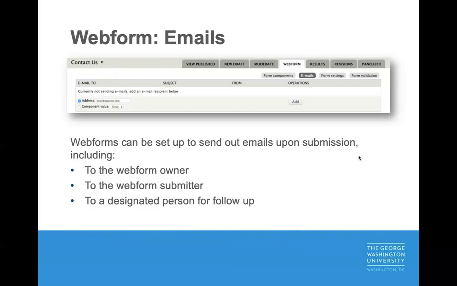And then I also set up an email for each registrant who signed up for the session as well. So those are the three that we find you most consistently should include when you're setting up your web form rules.